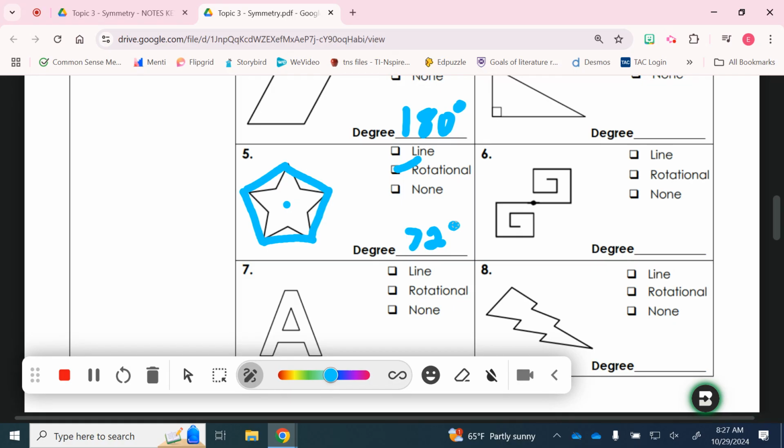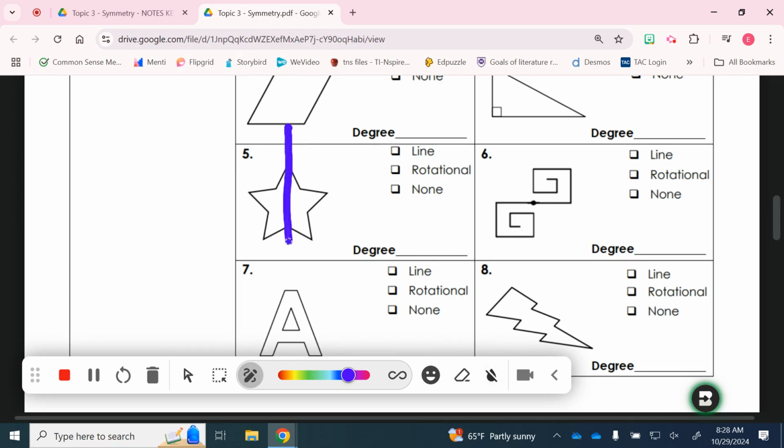Now line symmetry is going to be a little different. If I put a line straight down the middle, will it fold onto itself? Yeah. What if I drew a line through that vertex right there? Will it fold onto itself? No, that one won't work.